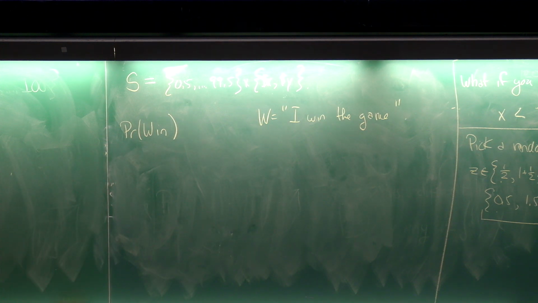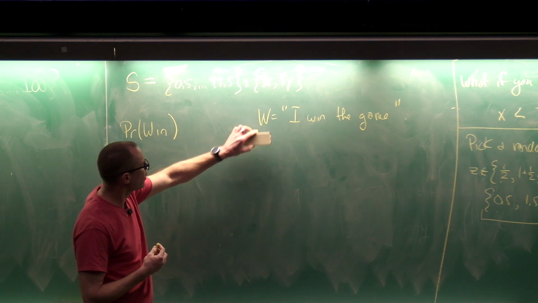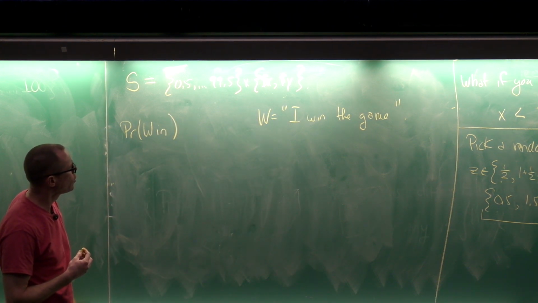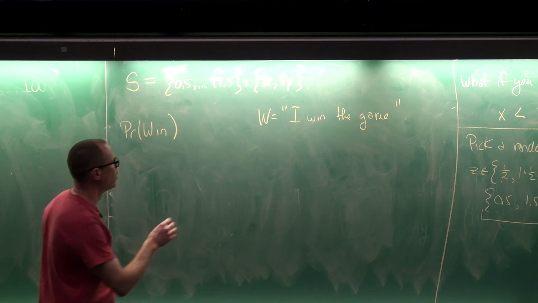And I'll tell you right now, the complement rule is not going to help. What actually is going to help here is the sum rule. And here's the two events that you'll use for the sum rule.